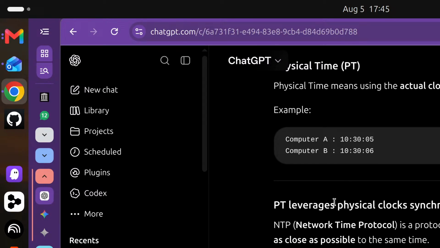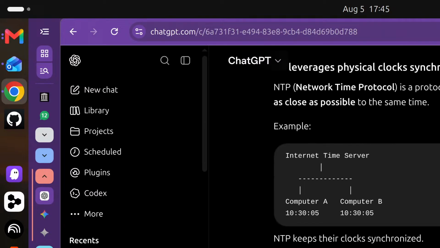Physical time leverages physical clocks synchronized using NTP. NTP is a network time protocol, a protocol that makes the clocks on different computers as close as possible to the same time. For example, an internet time server, computer A, computer B. NTP keeps the clocks synchronized.